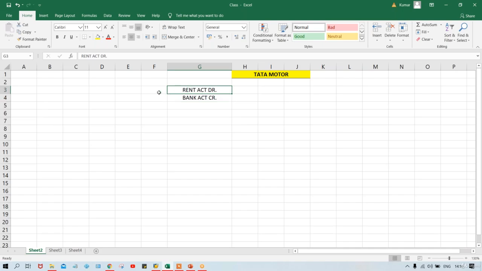Here, the rent account is a GL account and the bank account is also a GL account. Both are GL accounts. Now, to post a transaction, who is going to post it? The transaction is going to be posted by users. Users means Tata Motors employees.